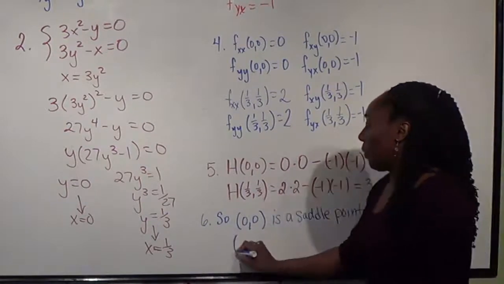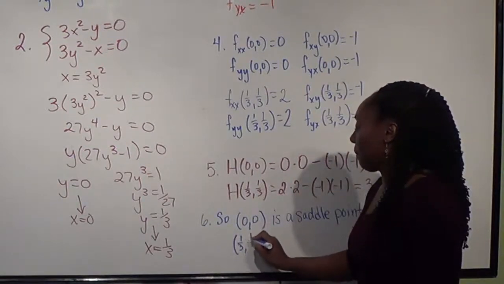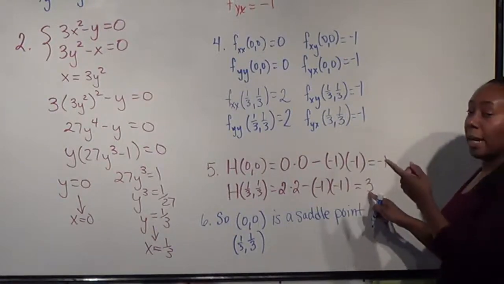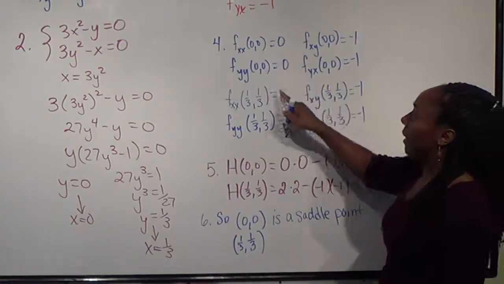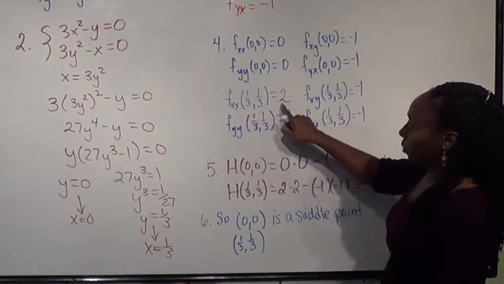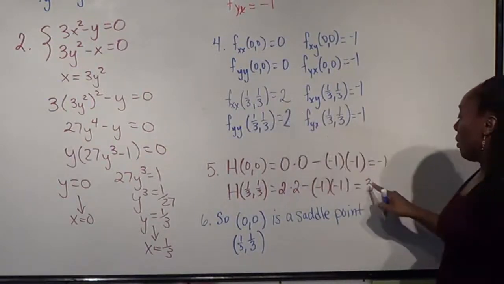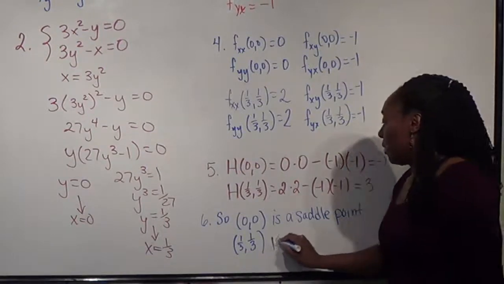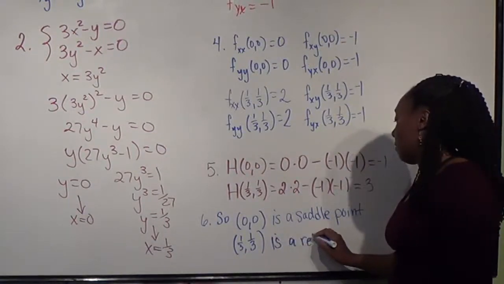And for (1/3, 1/3), h was positive. So now I have to go back to my fxx. I can see that for (1/3, 1/3) it was also positive. So positive and positive means everything was concave up. So this is a relative min.